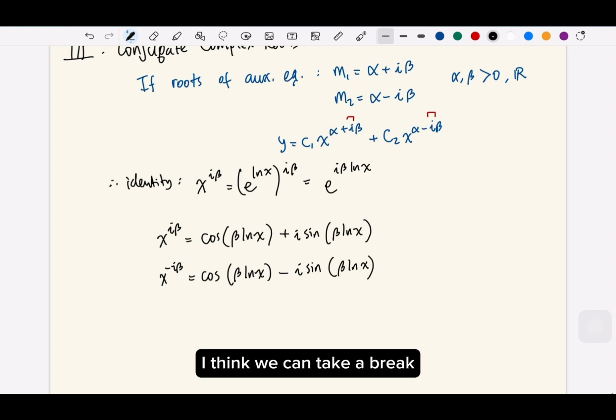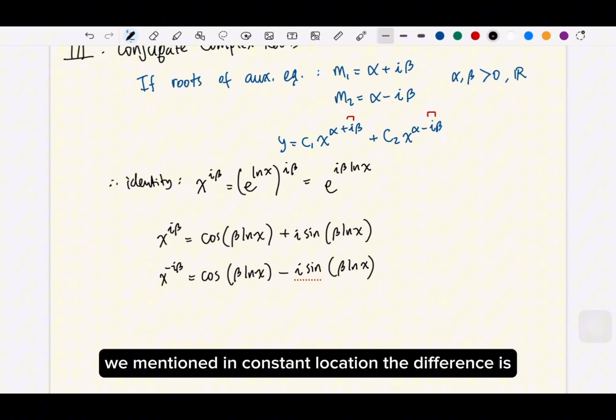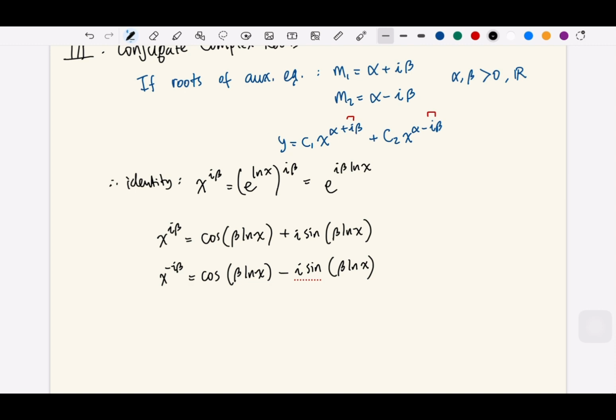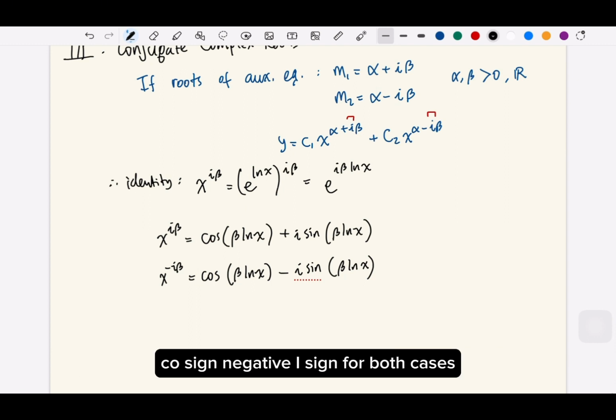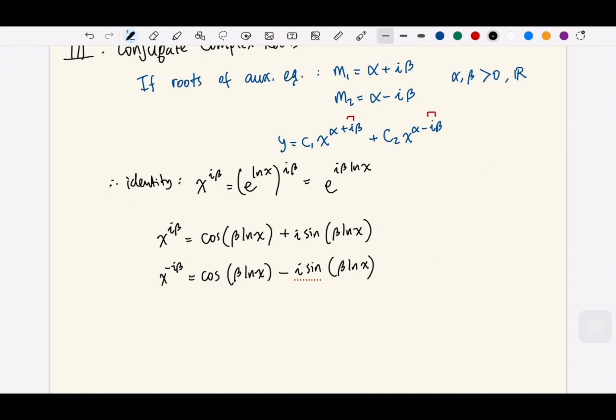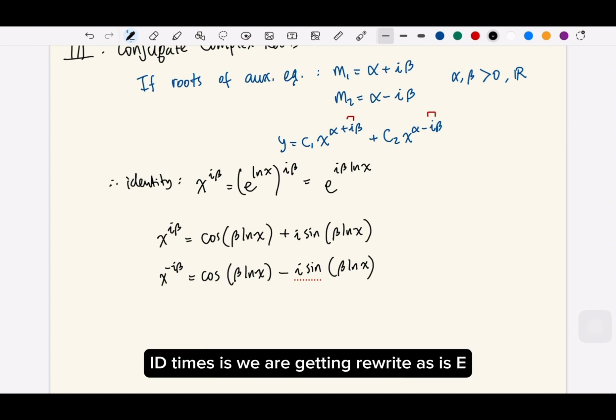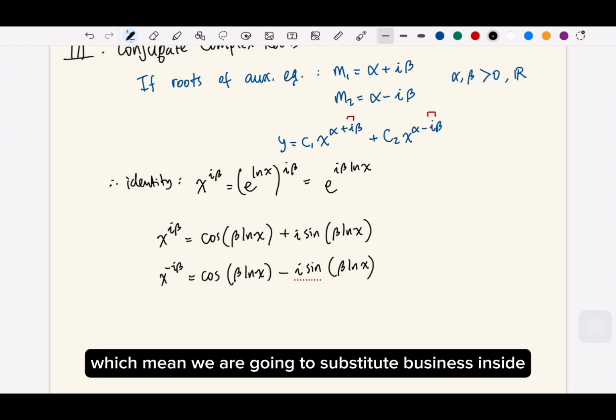I think we can take a break. So this is actually the same as we mentioned in constant coefficient. The difference is we add the ln element. In the previous one, we have the e with i beta x, and then we have cosine plus i sine, and cosine minus i sine for both cases. But now we have x to the power of i beta, which we can rewrite as e to the i beta ln x, which means we substitute this inside here.